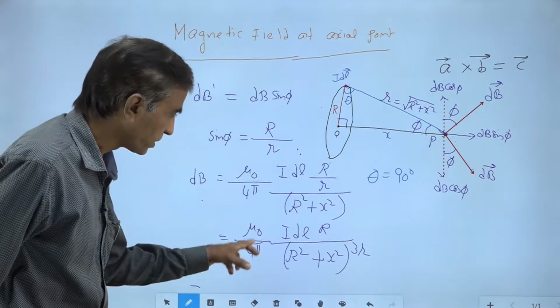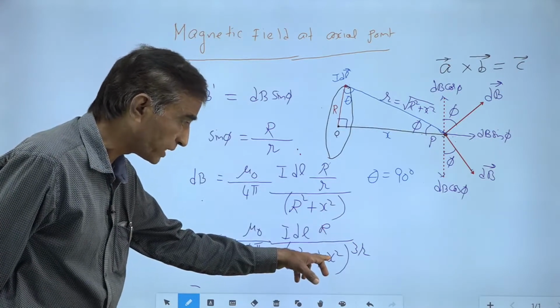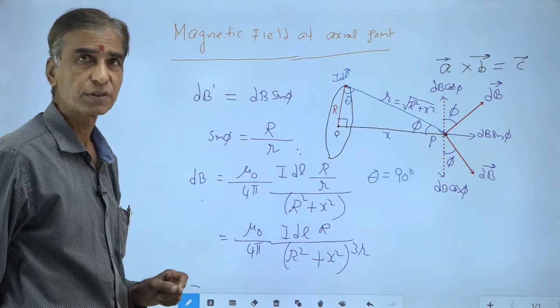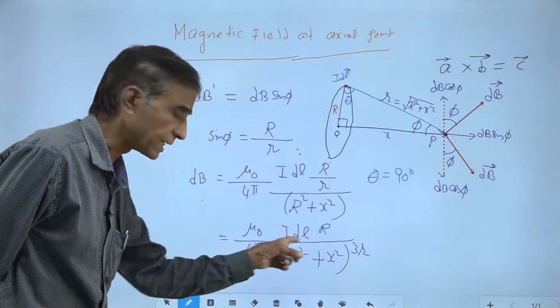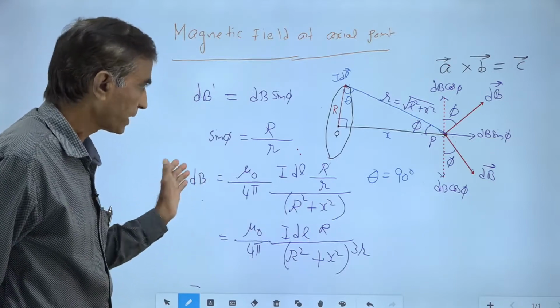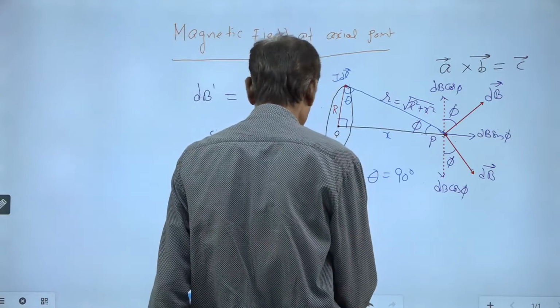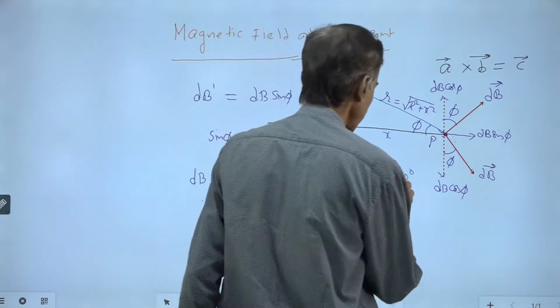Here mu naught is a constant, I is a constant, capital R is constant, and position x is also constant. So the only variable is the length element. Therefore, to get the total field, we are going to integrate this now.